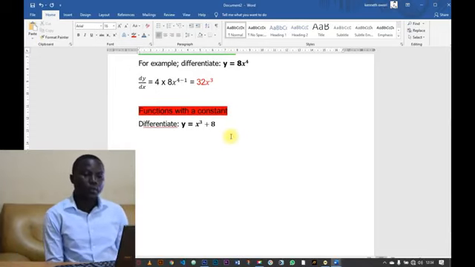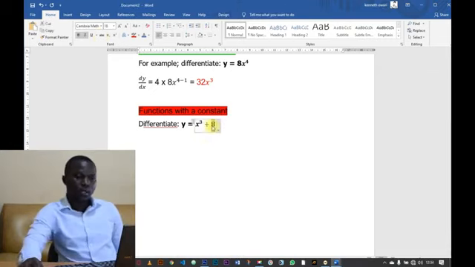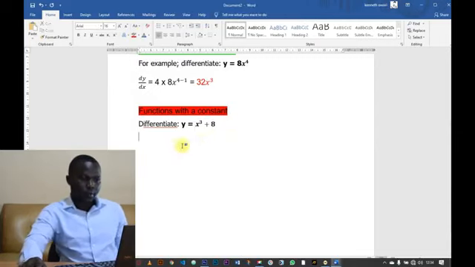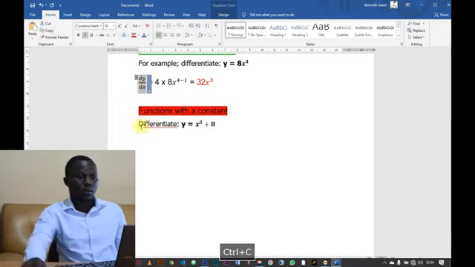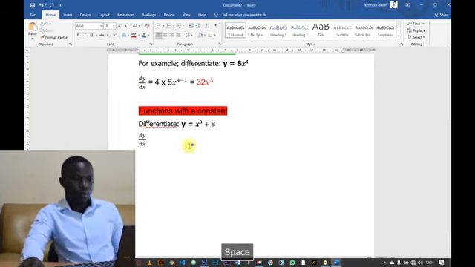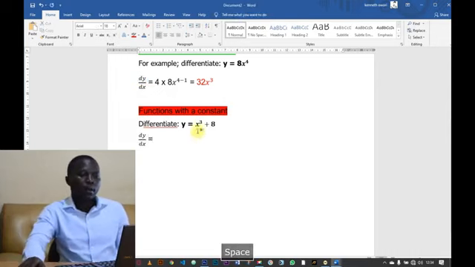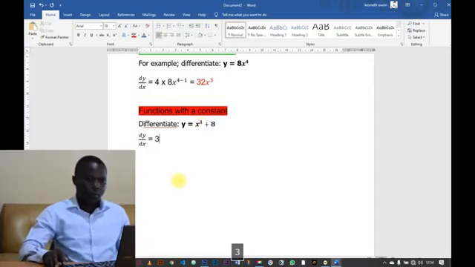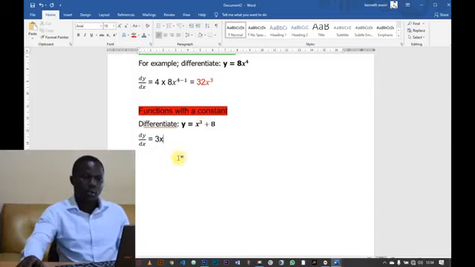When you differentiate an expression having a constant, 8 being our constant in this case, the derivative would be dy/dx equaling, if we differentiate x power 3, this is what we get, 3 times x power 3.